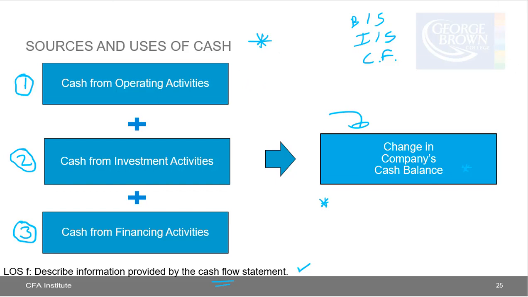If we look at operating activities, that's usually recurring activities on an ongoing basis. So cash from operating activities, we saw those cash expenses, accounts receivable is cash coming in, accounts payable is cash going out. Those are the day-to-day operating activities and the cash flows associated with that. Now be very careful because it says cash from investment activities.